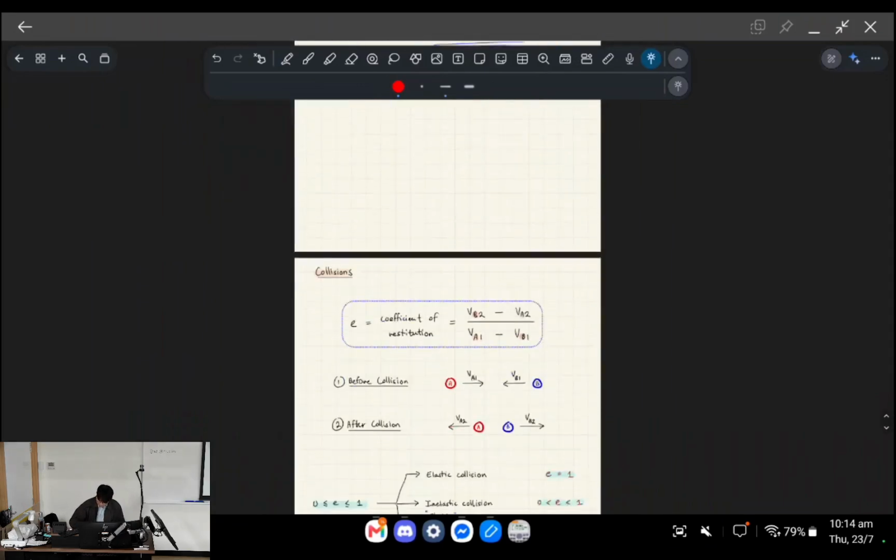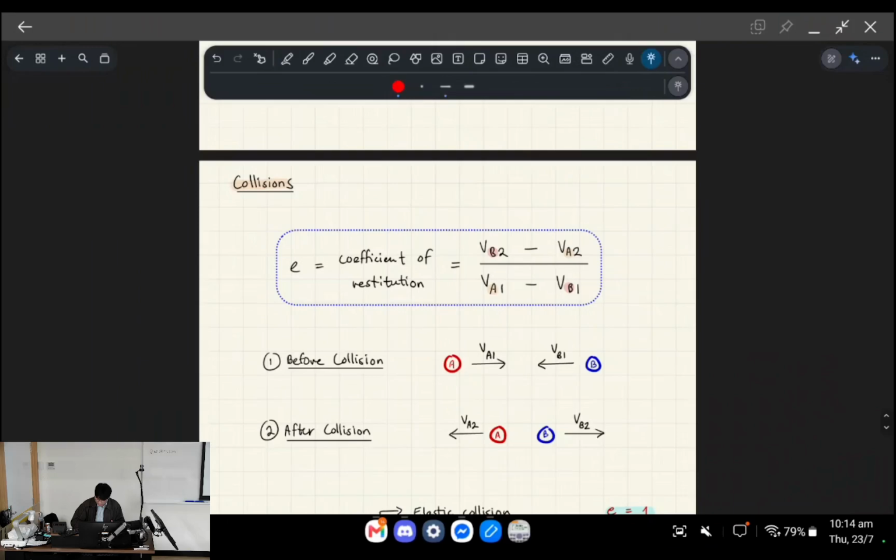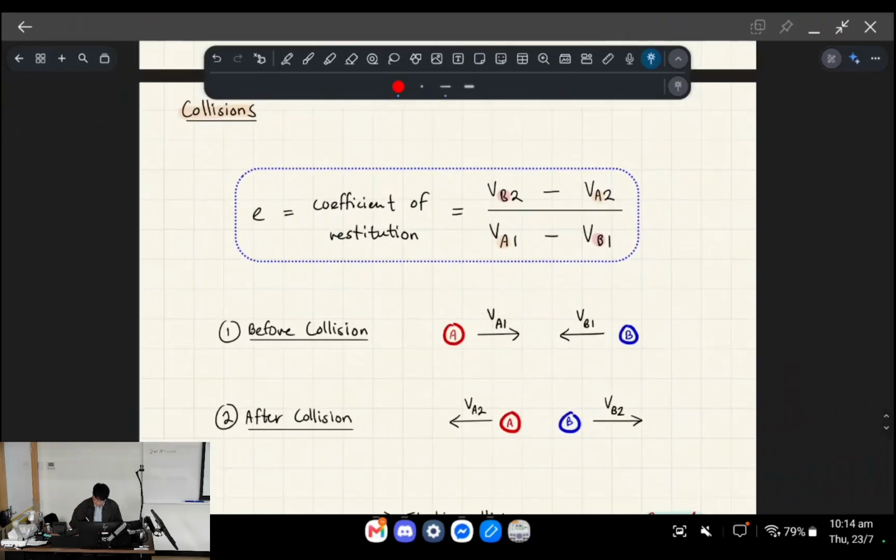Cool. So let's talk about collisions. The coefficient of restitution, E, is a measure of the elasticity of your collision. Before your collision, let's say you've got two pool table balls and they're headed towards each other.